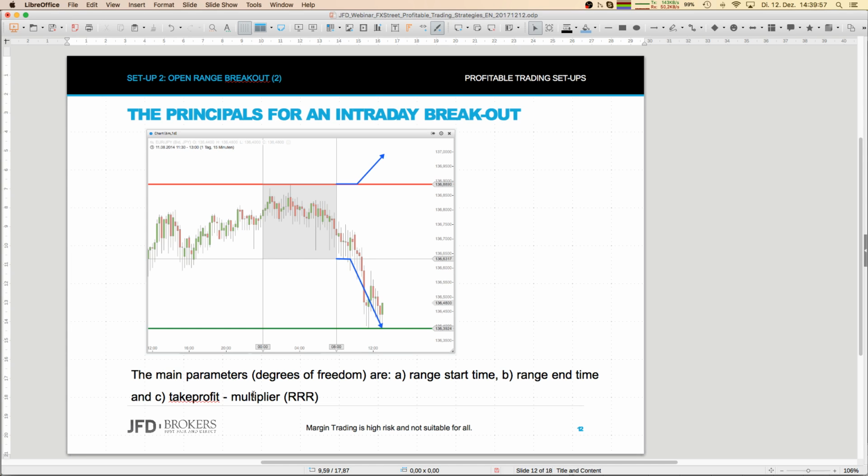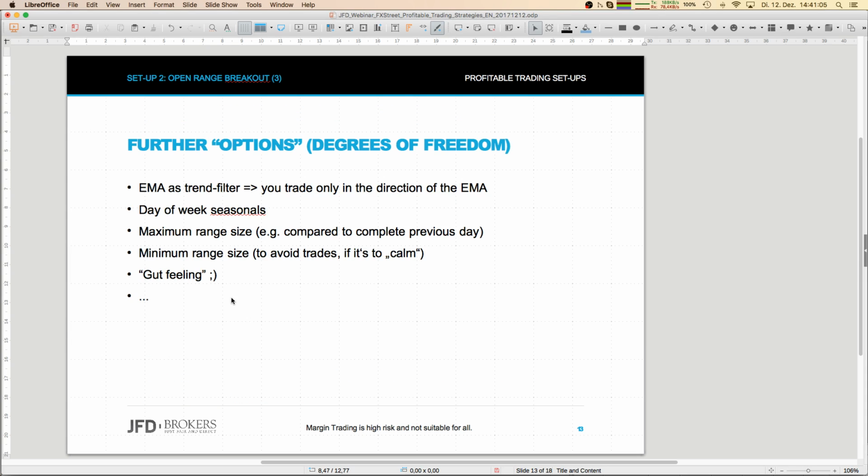If we talk in general about breakout strategies, there might be some additional options or, once again, degrees of freedom. And one good thing for breakout strategies is to apply an EMA as an overall trend filter. And the strategy about euro, Japanese yen will have exactly that additional option, to use an EMA as a trend filter. What does it mean?